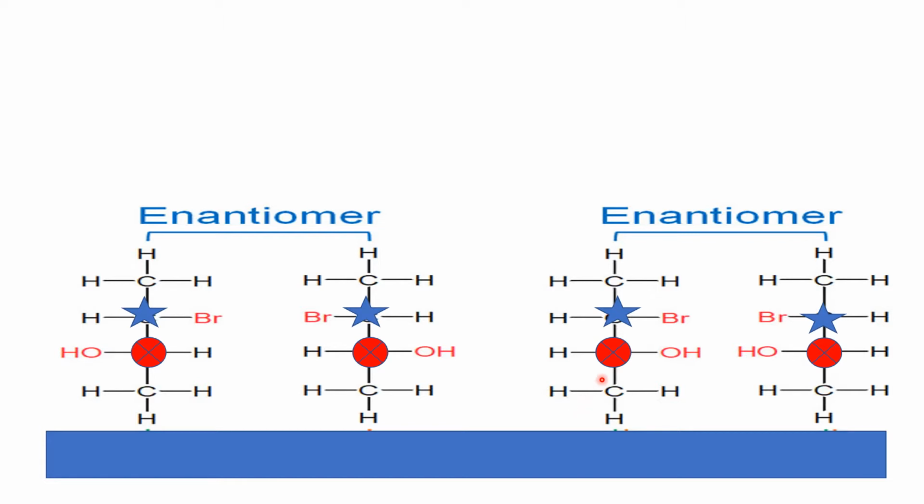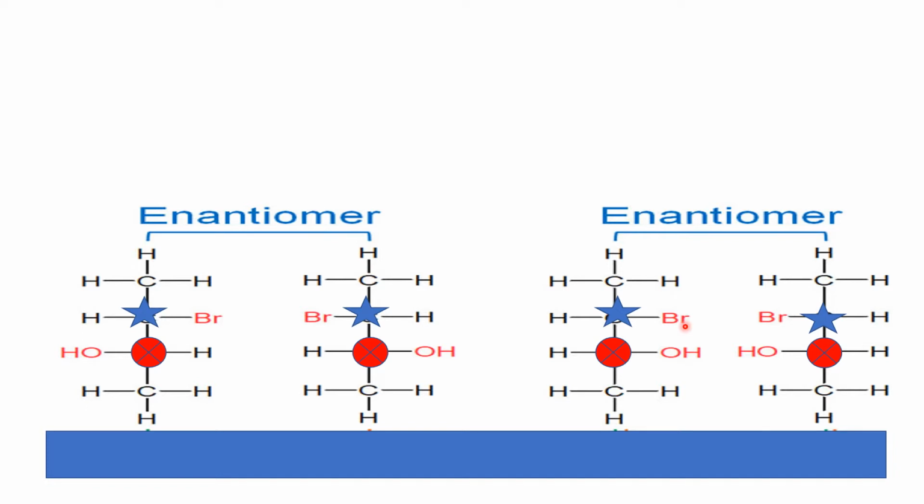See here, when we consider the first compound and the third compound, the difference is that in the first compound, for the third carbon atom, the hydrogen atom is on the right hand side. But moving to the third compound, OH is on the right hand side. That means there is a change in spatial arrangement between the first and third compounds.